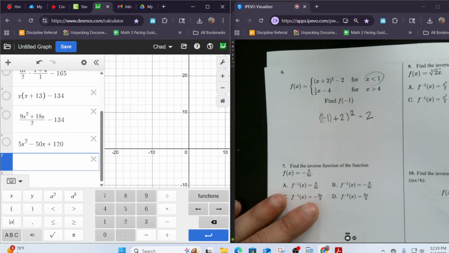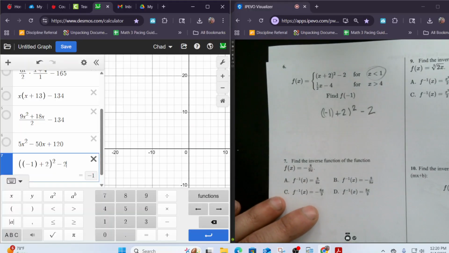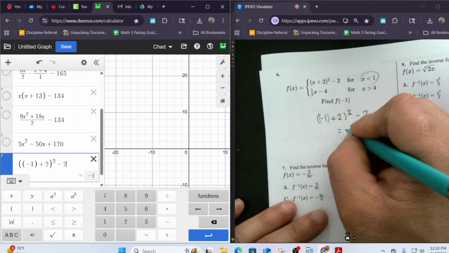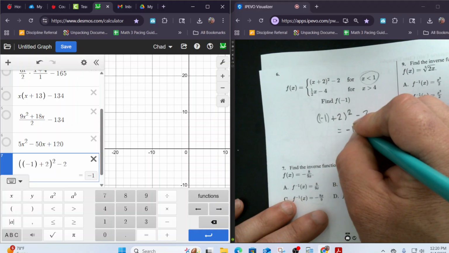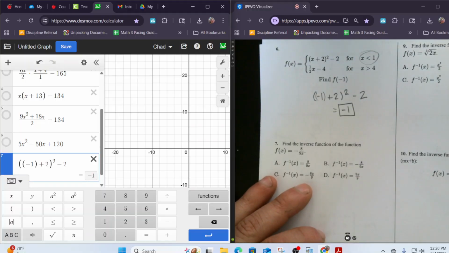So after I plug the -1 in here, that gives me an output of -1, which is the answer. Do y'all remember these type?